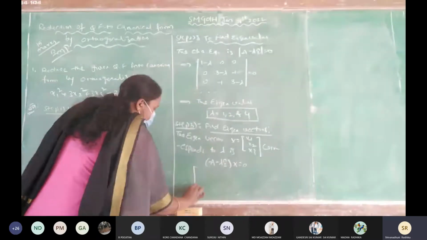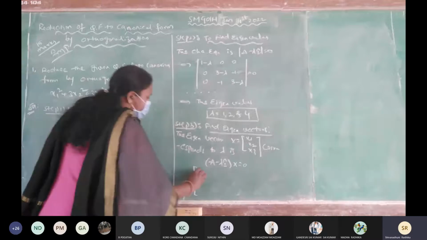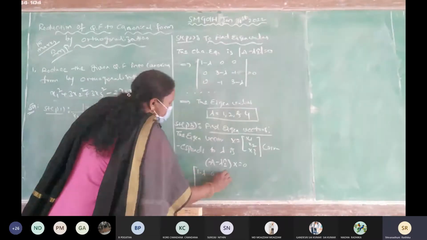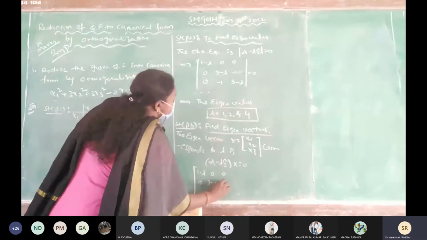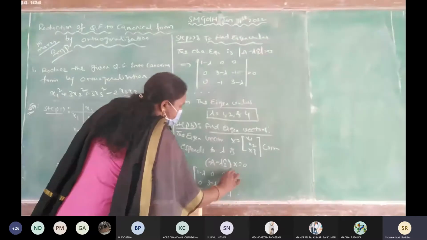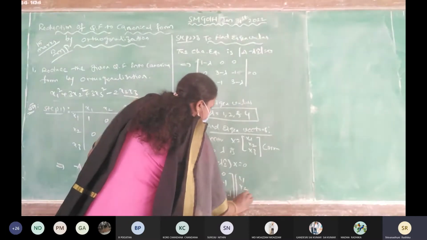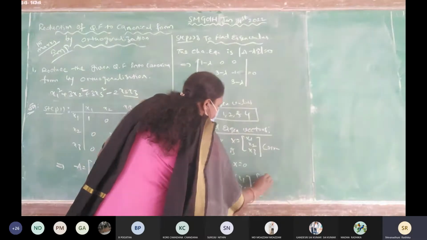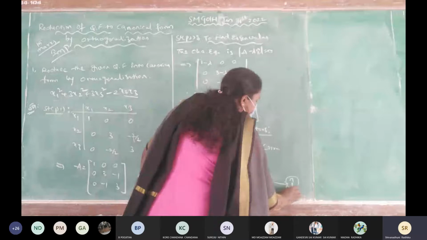Just write the characteristic matrix. Is it clear? So that is 1 minus lambda, 0, 0, 0, 3 minus lambda, minus 1, 0, minus 1, 3 minus lambda, into x1, x2, x3, equals 0. See, this is equation number 1.